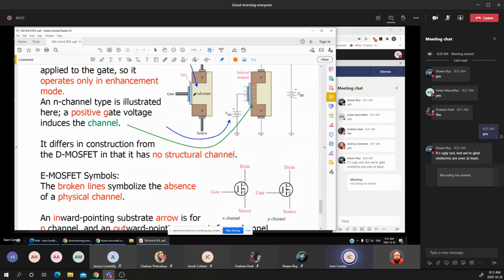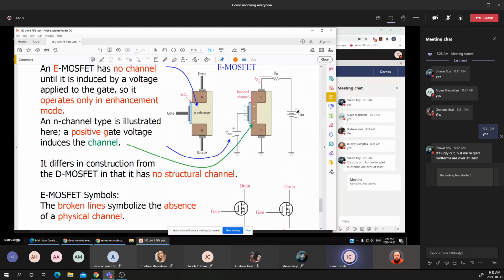Again, the same observation: the only difference between the P substrate and the N substrate is the voltage that may be applied to the transistor, to the drain and the source.